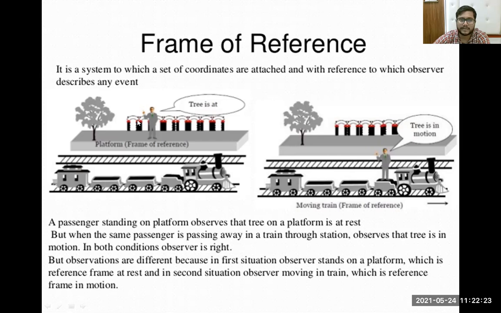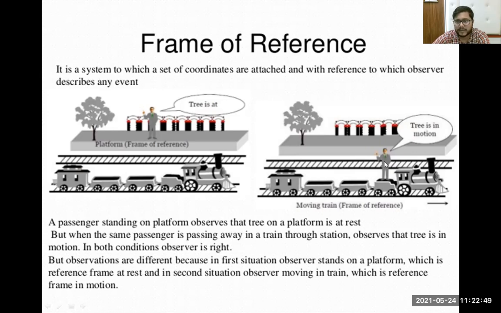In the first case, you see this person is standing on the platform, so that platform becomes the frame of reference. He will observe that this tree is at rest, or that this tree does not change its position with respect to time. So the person says that the tree is at rest.